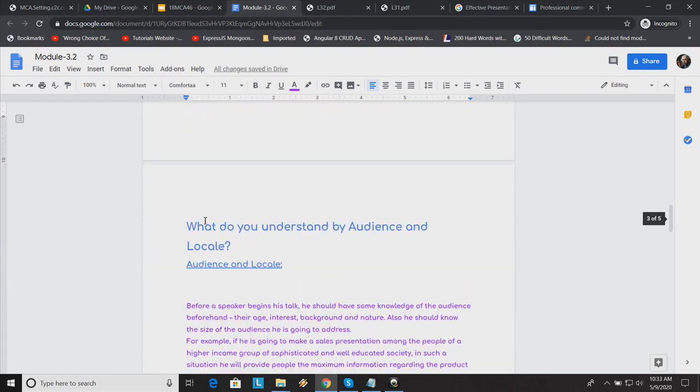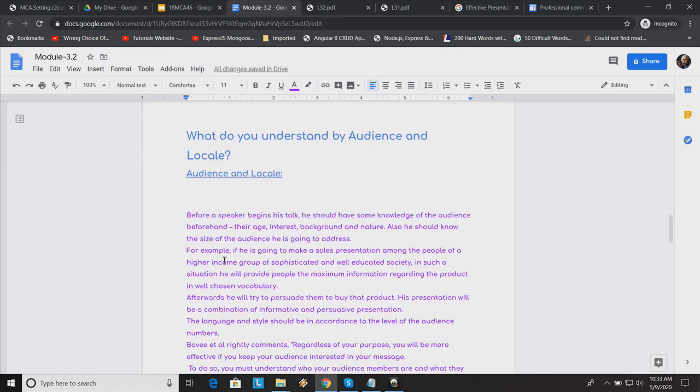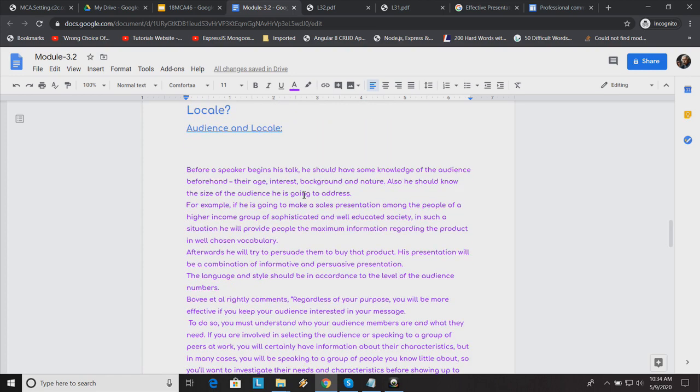Okay, the next is, what do you understand by audience and locale? Before you speak, you need to understand who the audience is, what the strength of the audience is, and what the audience is interested in. Like in the previous example, if you're going for a sales application and need to sell a product, you have to have an idea of your product, and the audience must have an interest to listen to your product idea in order to purchase it.